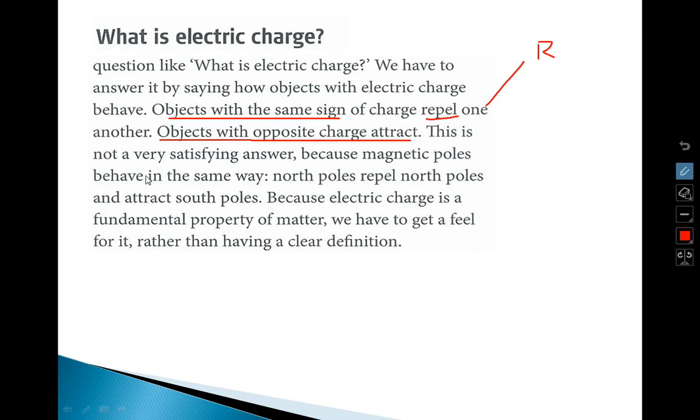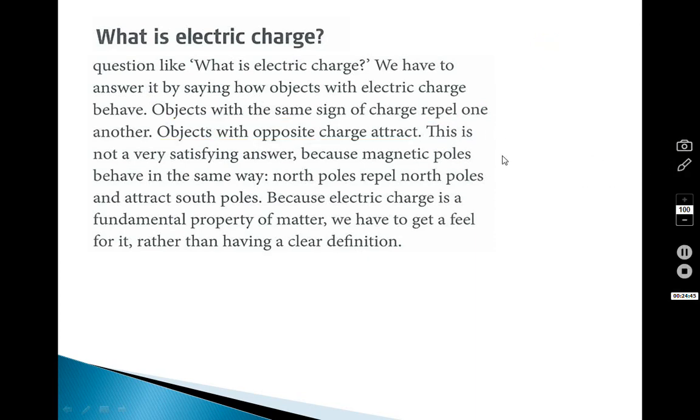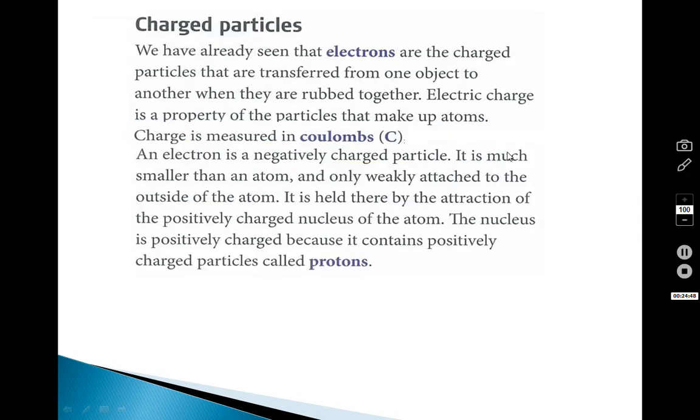There is not a clear definition for it. But up to here, we will say objects with the same sign of charge repel each other, and objects with opposite charge attract each other. There are two forces between them.